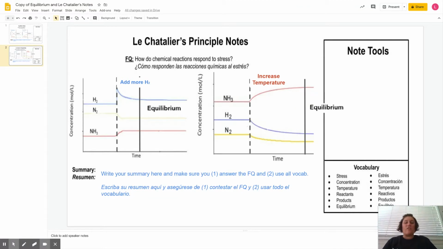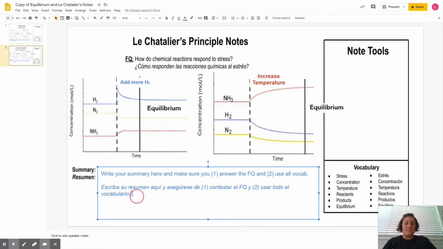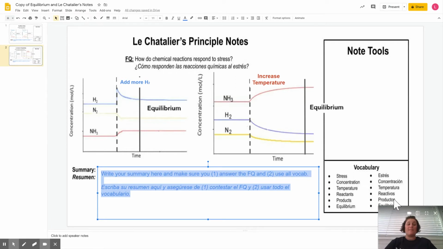You're going to write me your summary down here, just like before. Go ahead and just delete all of this and go ahead and answer the focus question, making sure that you're using all of the vocabulary. Now, some of these vocab words are the same, okay? But some of them are different. So I'm looking to see that you have stress, concentration, temperature, reactants, products, and equilibrium all here.